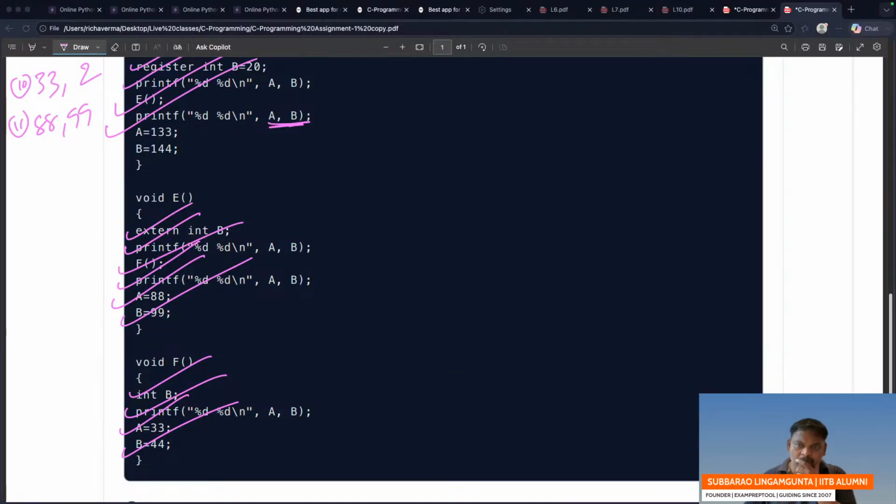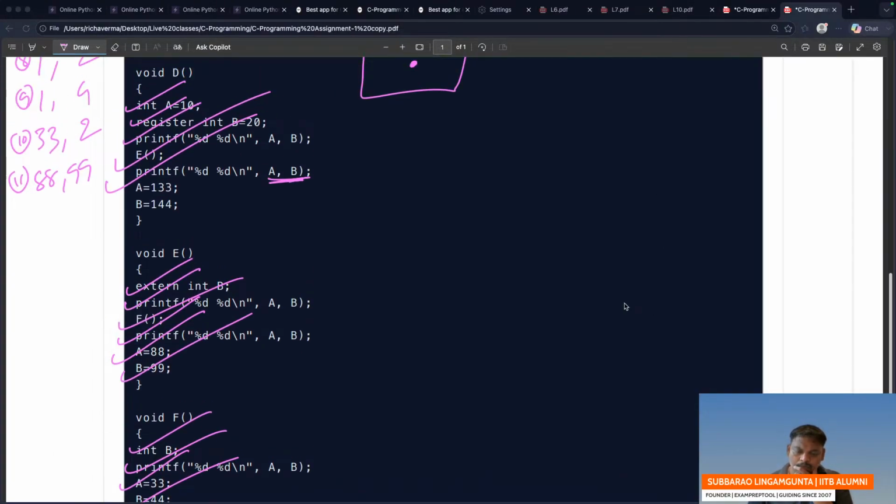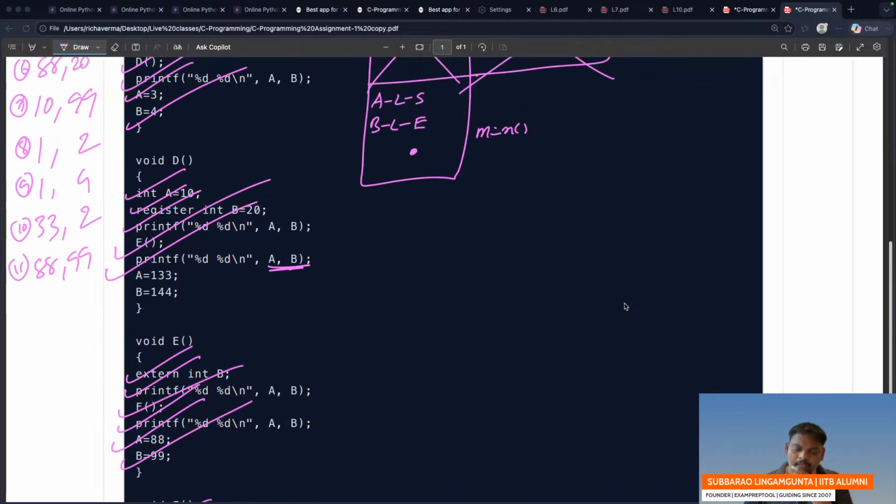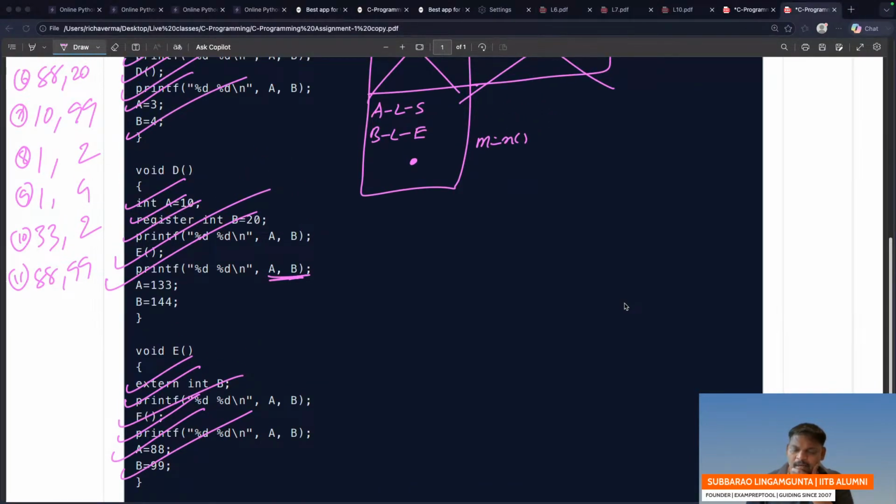Verify where it went. In the E2 values, we printed or not?